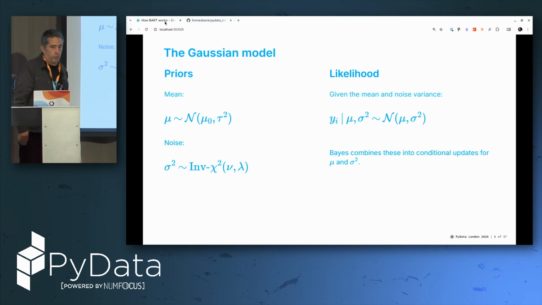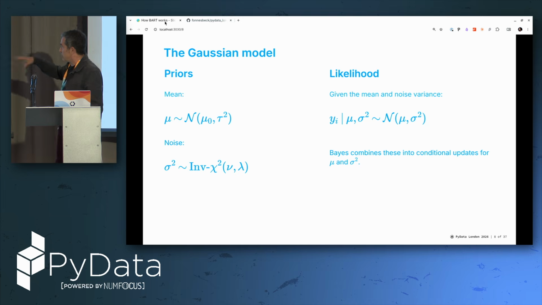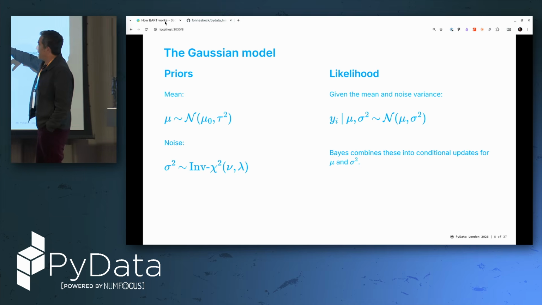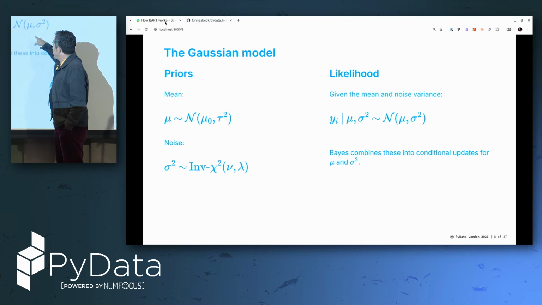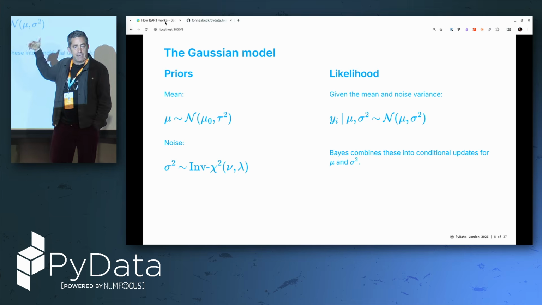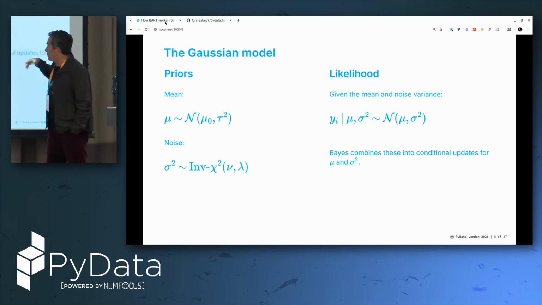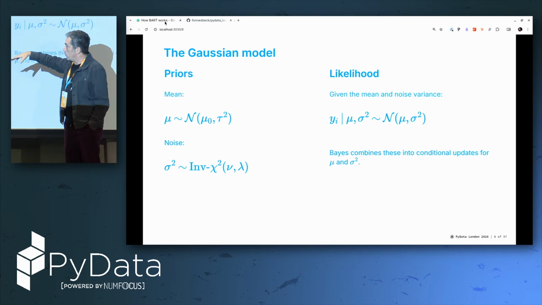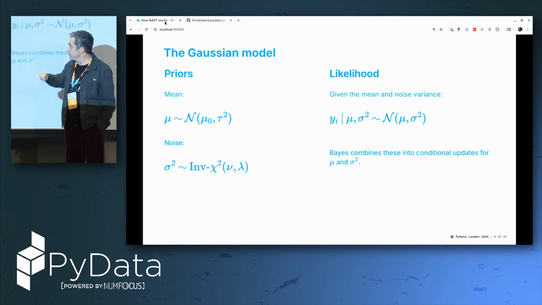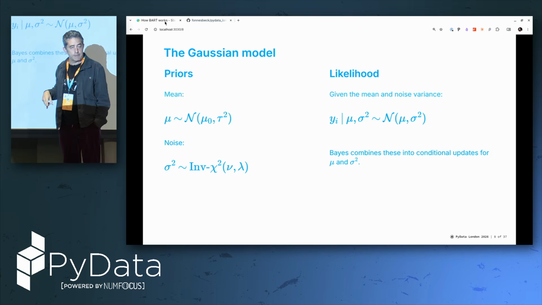So one of the simplest models is just the normal distribution. You're trying to estimate, let's say, some normal mean. You've got some data, y, that you're saying is normally distributed with some mean and standard deviation. What you do is you put a prior on mu, and we'll just give it another normal distribution. And we'll set it with some hyperparameters.